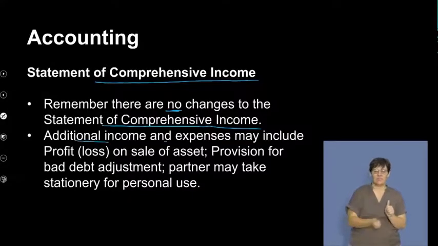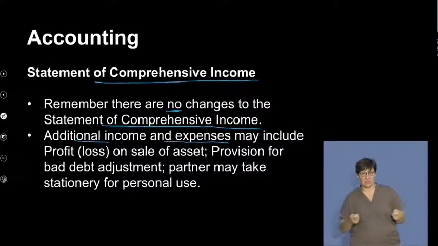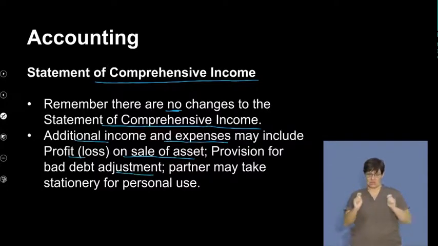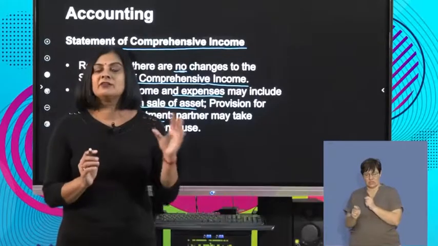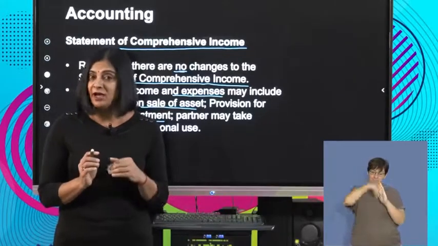Additional income and expenses may include profit or loss on sale of asset, provision for bad debts adjustment, and then you could come across a partner taking stationery or any other consumables for personal use. So I've given you examples of additional year-end adjustments that affect the statement of comprehensive income.